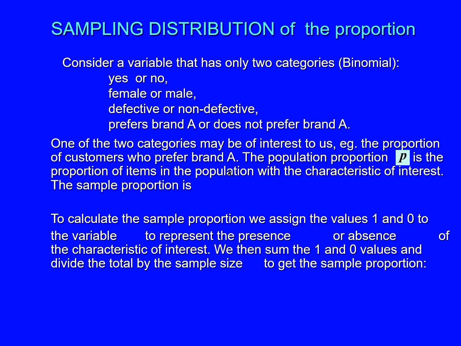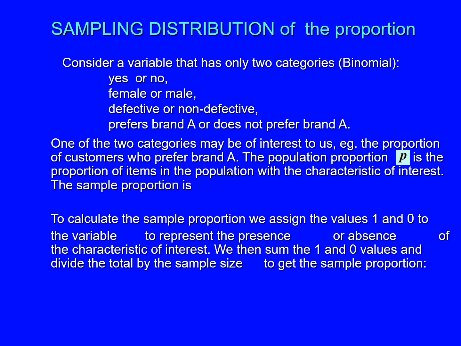That's the population proportion. So, for example, the proportion of males in our population is 0.501, for example, right? Or the proportion of defective units from a factory is 0.05.